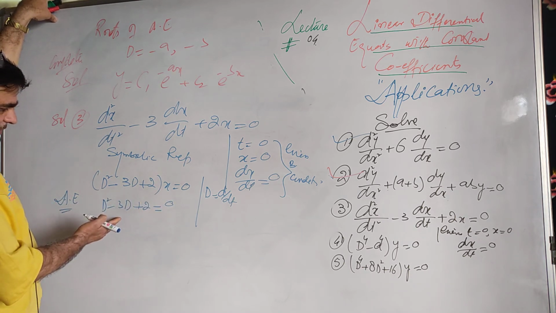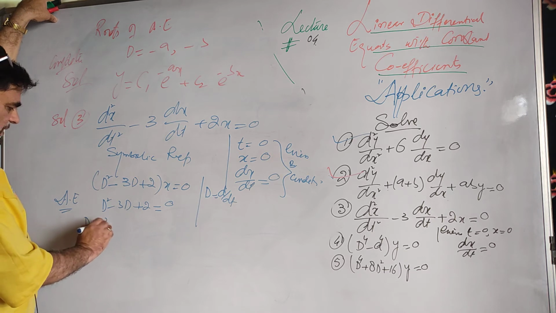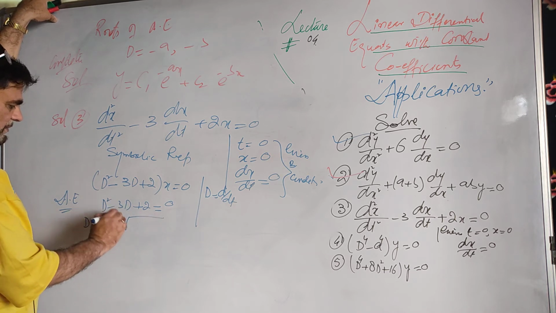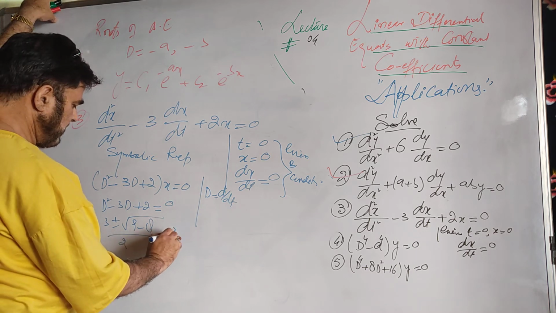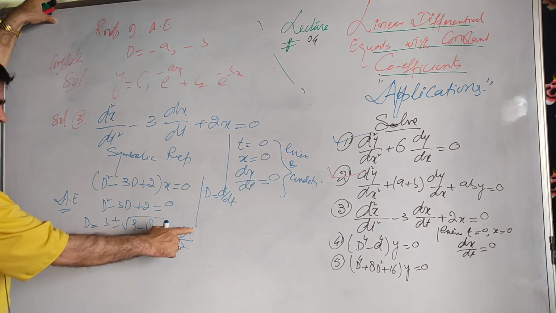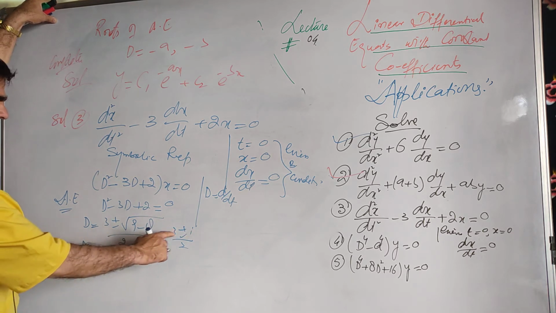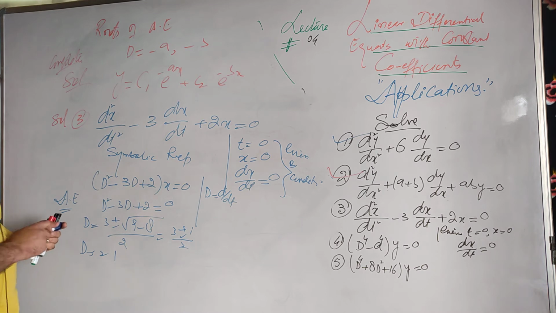You can take the factors here, or you can write D = [3 ± √(9-8)]/2, which is (3 ± 1)/2. So (3+1)/2 = 2 and (3-1)/2 = 1. So you have got the values of D: 1 and 2.